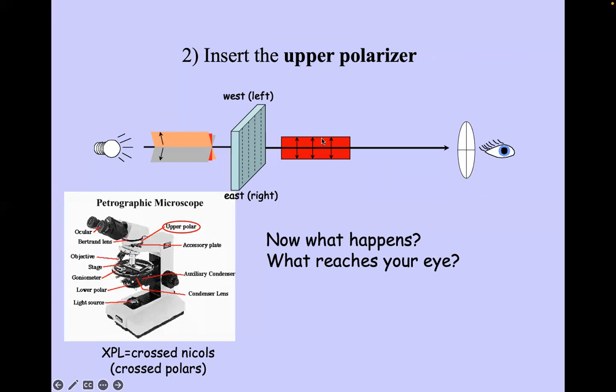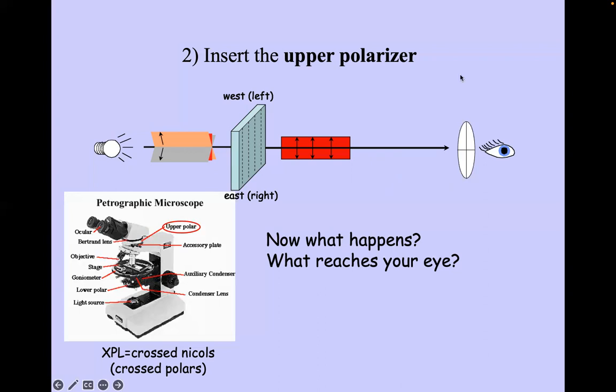If you have another polarizer fixed the opposite way, it should have its vibration direction along the other direction, the perpendicular direction, that means north-south, right? So the first polarizer has vibration direction west-east, and the second one, fixed perpendicular, has the vibration direction north-south, perpendicular to the first polarizer.